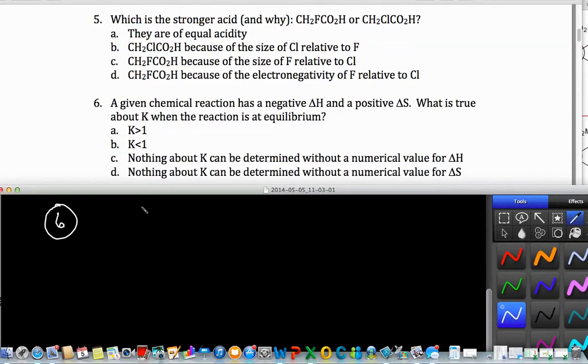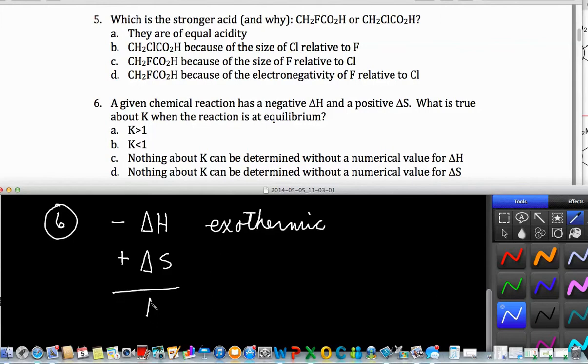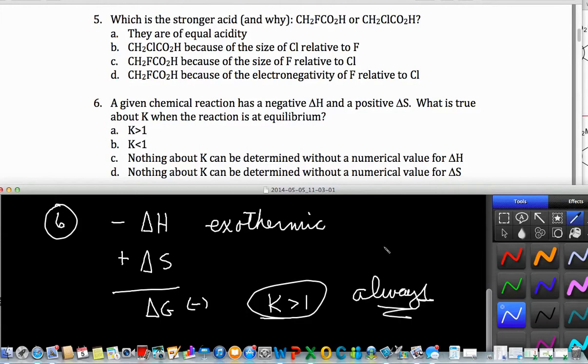You have a chemical reaction that has a negative delta H, which means it's exothermic. It has a positive delta S. This means the delta G will be negative, and the K value must be greater than 1, always. Best answer is answer choice A.